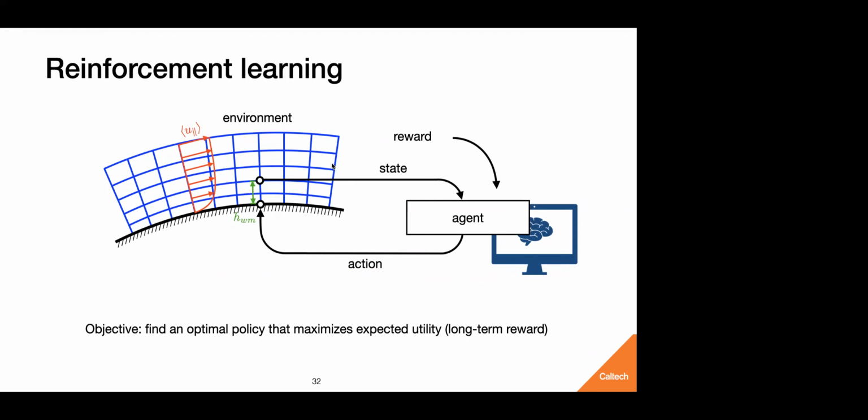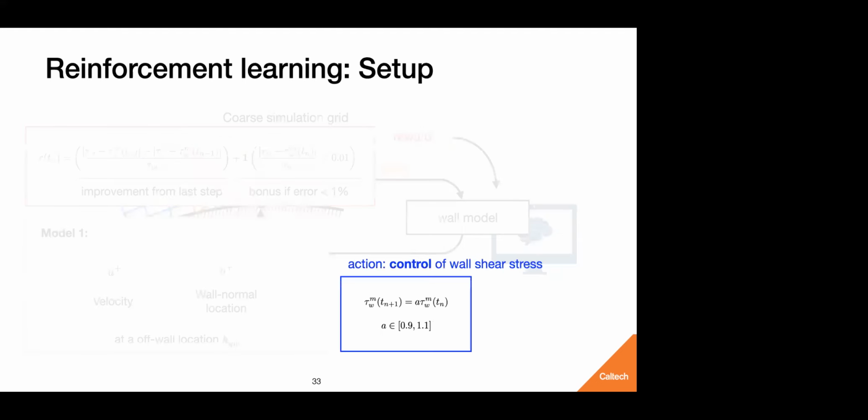So in this first part, you'll see the zero pressure gradient case, which is a trivial case, mostly because the current wall models do so much better, but we want to make sure that reinforcement learning can copy the performance of the current models. So let's look at them one by one.